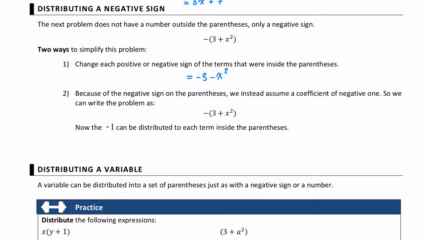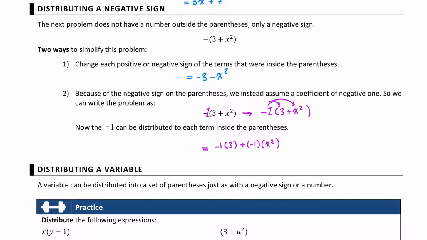Instead of negative 3 plus x squared, I can assume that there's an invisible 1 over here. So I can rewrite this as negative 1 times 3 plus x squared, and then distribute the negative 1 to both of my terms, making this negative 1 times 3 plus negative 1 times x squared.